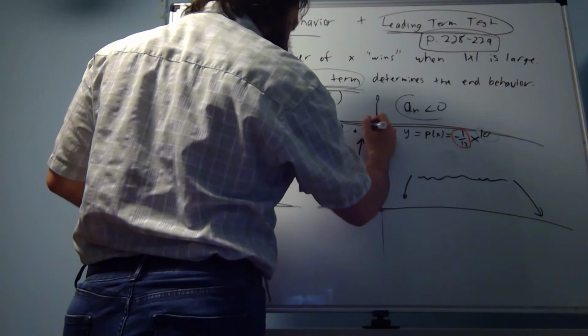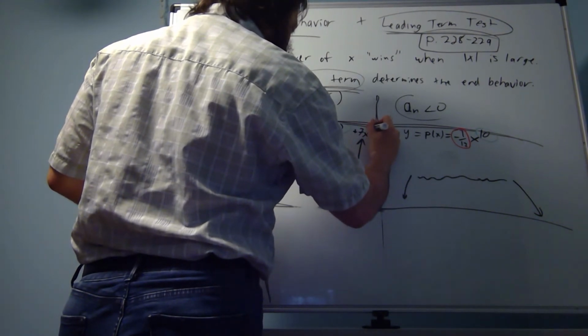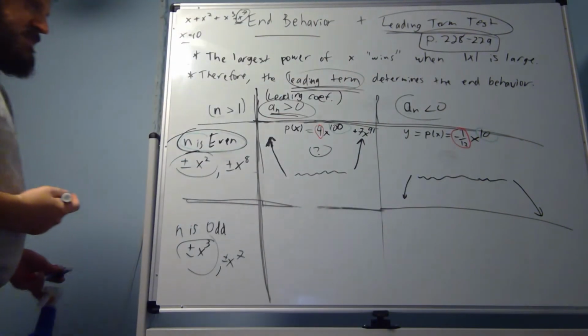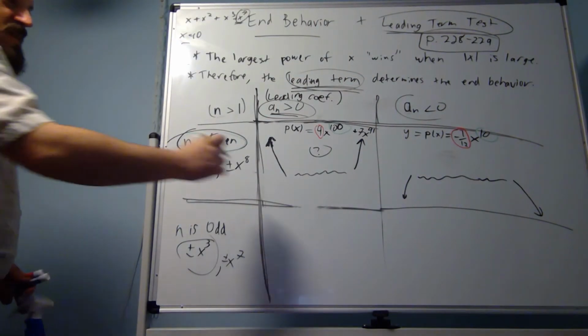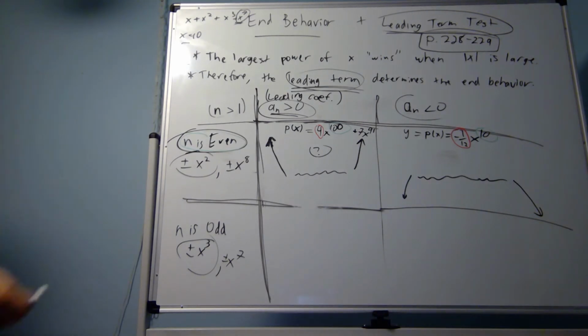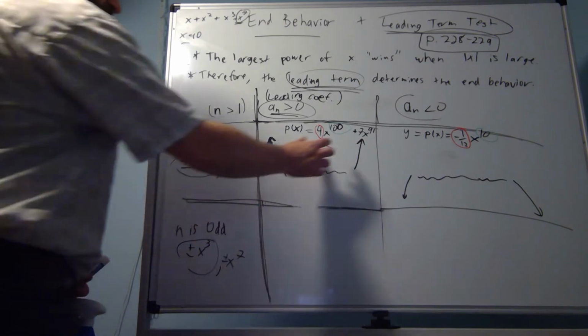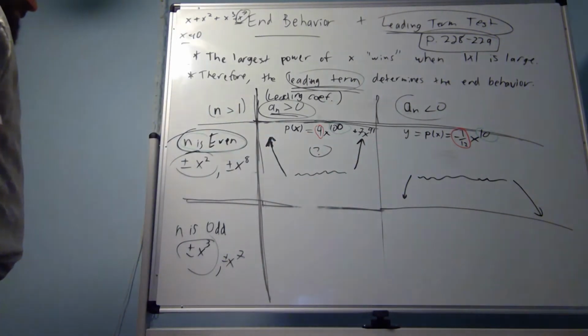There could be other terms, maybe 7x to the 91st. Doesn't matter for the end behavior. In between, lots of things can happen. But we know the end behavior just because the leading term test says you get the final word here.